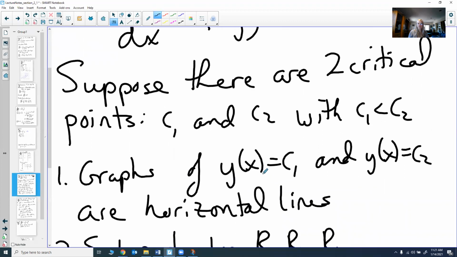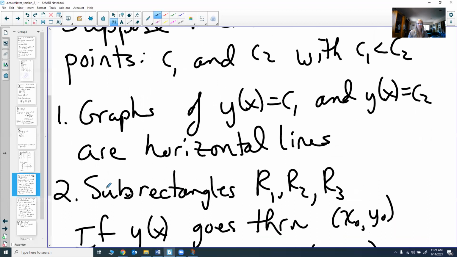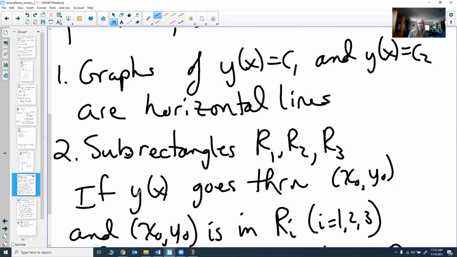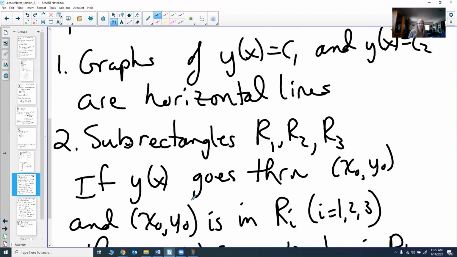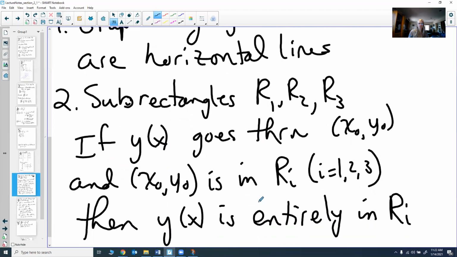We already know that the graphs of y of x equals C1 and y of x equals C2 are horizontal lines. We just plotted those. We also get these sub-rectangles where we divided the full coordinate plane up. Now let's talk about what happens if y goes through some point in one of these rectangles.